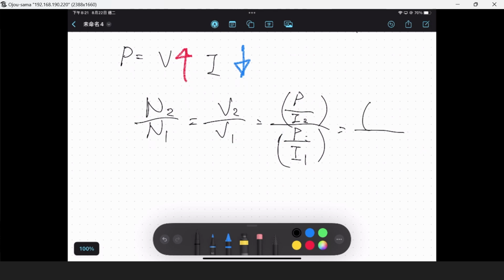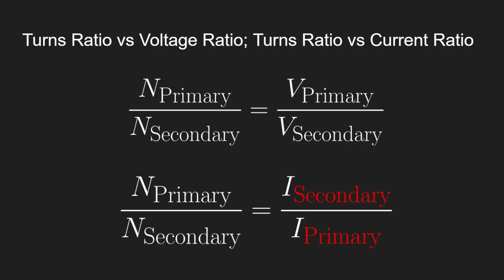You have things like this. That's why it becomes I1 divided by I2. Just a minute. Can you see now?